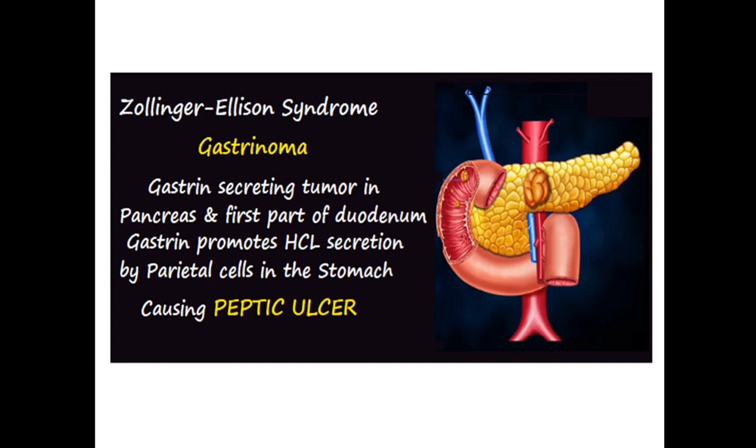And in this way, as excess hydrochloric acid production is fundamental to peptic ulcer disease, the gastrinoma, by inducing Zollinger-Ellison syndrome, promotes peptic ulcer disease.